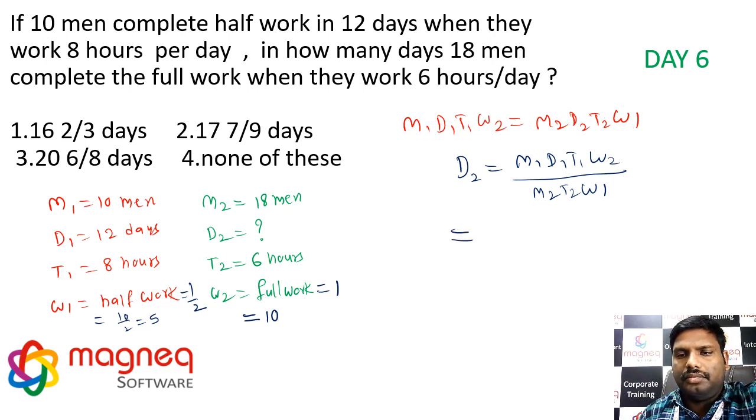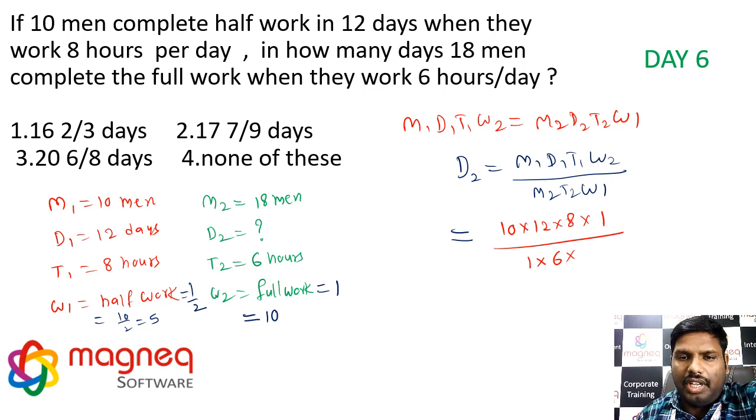Substitution. So 10 into 12 into 8 into 1 by M2 value 18 into 6 into W value 1 by 2.